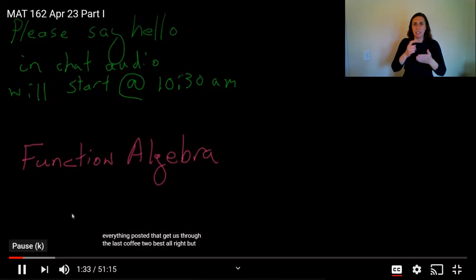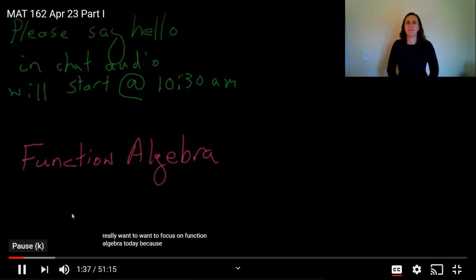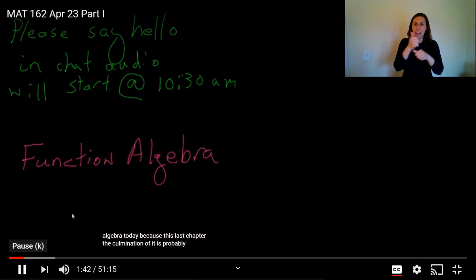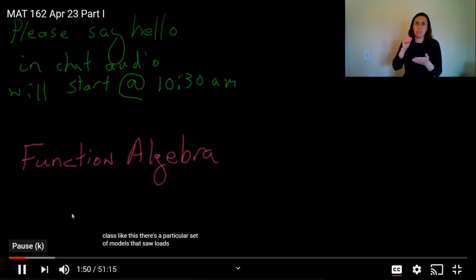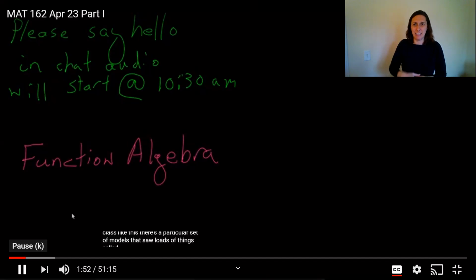All right. But I really want to focus on function algebra today because this last chapter, the culmination of it, is probably the most important thing you can learn in a class like this. There's a particular set of models that solve loads of things called differential equations.